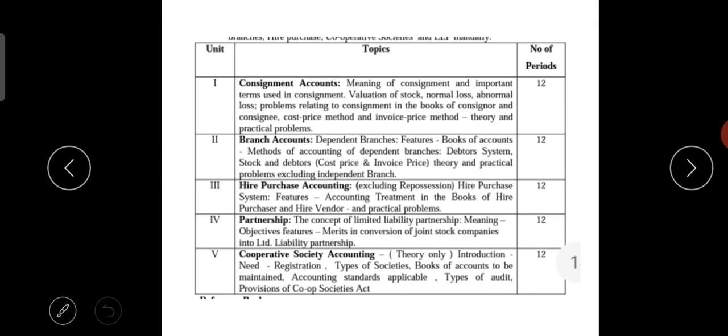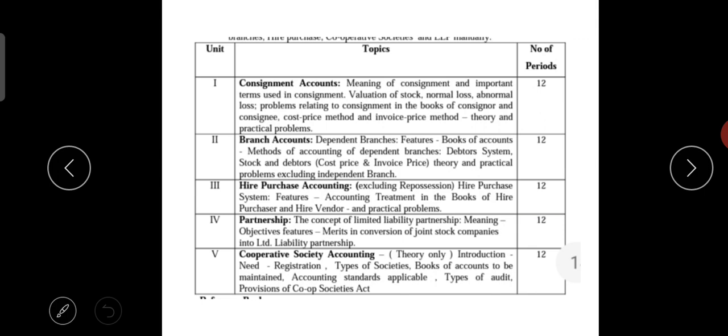LLP means Limited Liability Partnership, and you are studying the difference between the traditional partnership and this new partnership, and you are studying merits in conversion of joint stock companies into limited liability partnership, and you are studying the final accounts of LLP, that is profit and loss account.